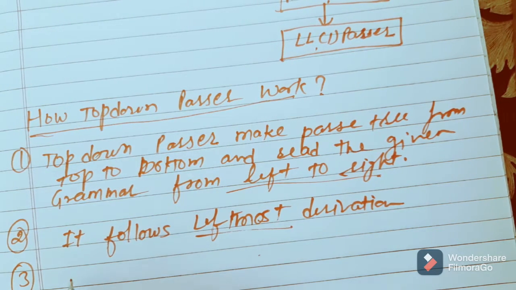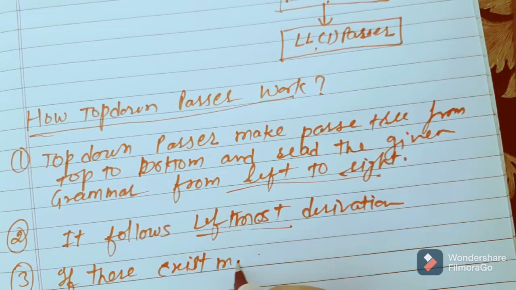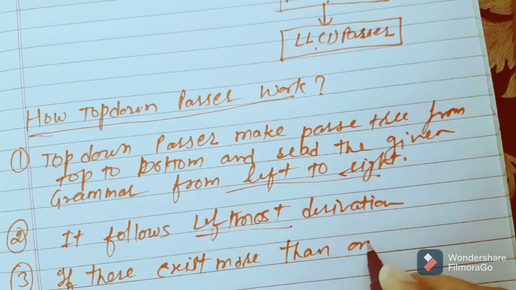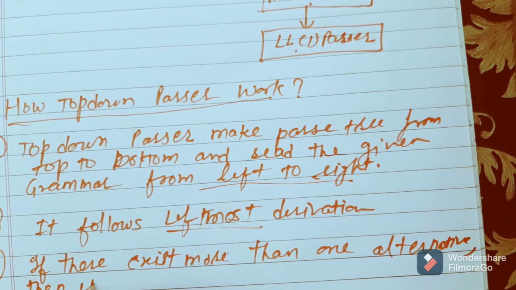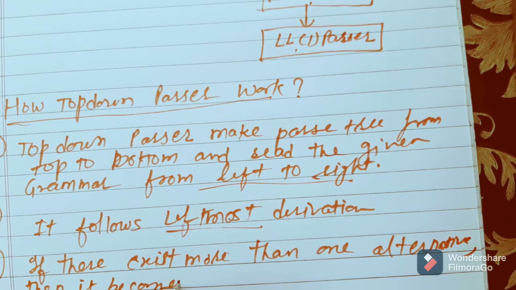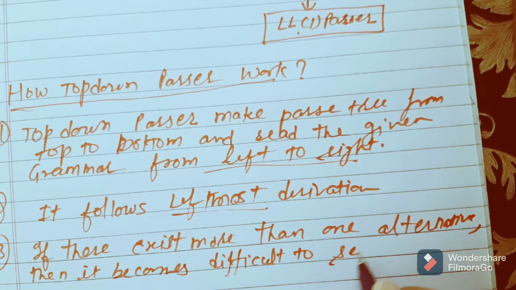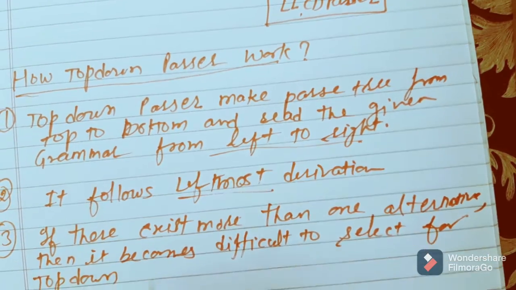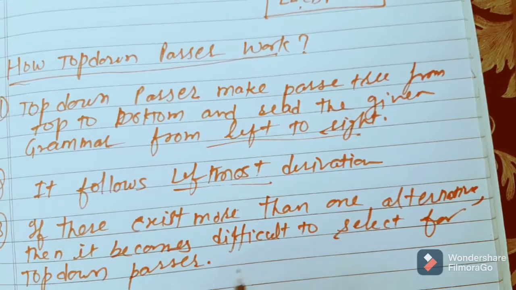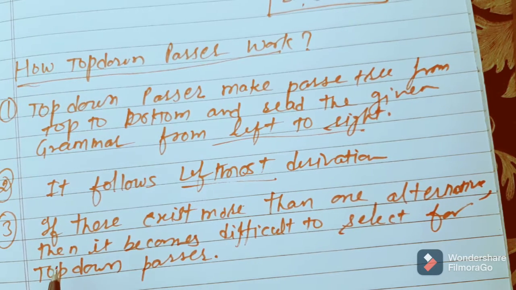Number 3 is if there exists more than one alternative, then it becomes difficult for the top-down parser to select.